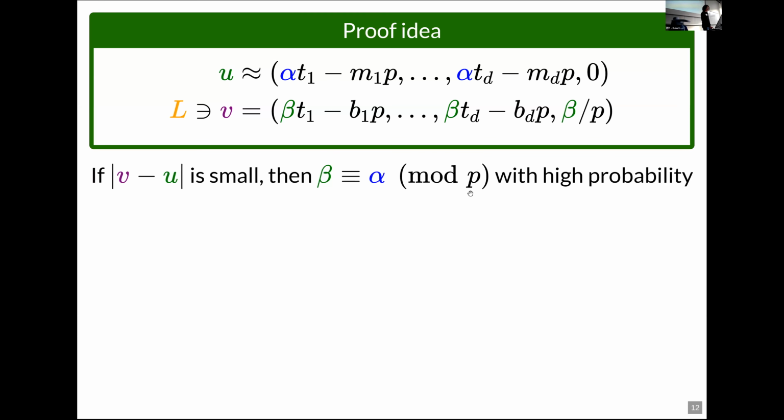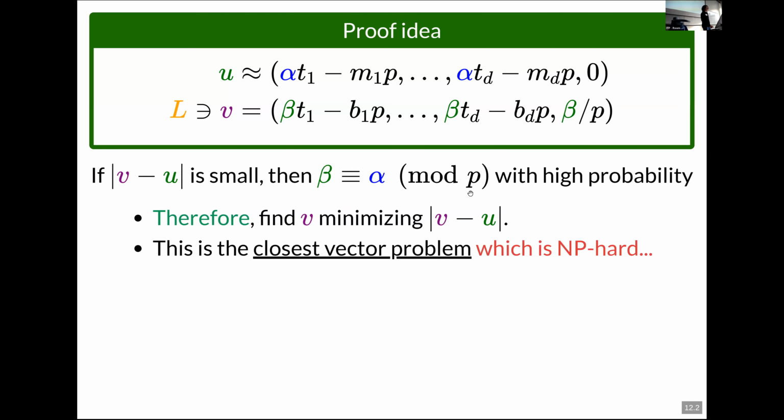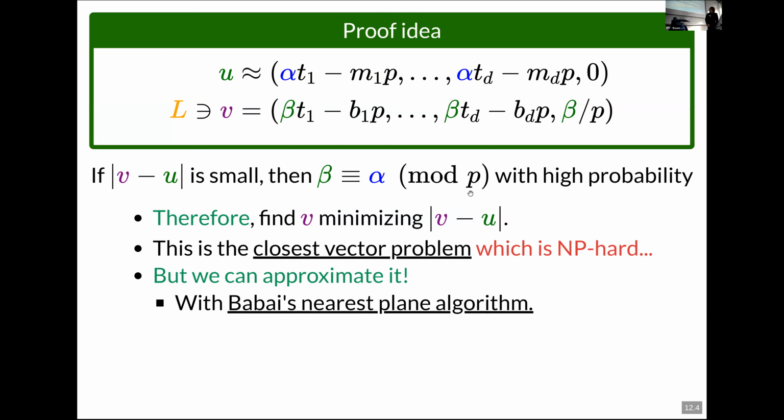So really, the goal is to find this v, which minimizes the distance between u and v. And this is called the closest vector problem. This is NP-hard in general. But there's a way to approximate it. Babai's nearest plane algorithm approximates this. Specifically, it's guaranteed to find a vector in the lattice such that the distance between this vector v that we found and the target vector u is close to optimal.